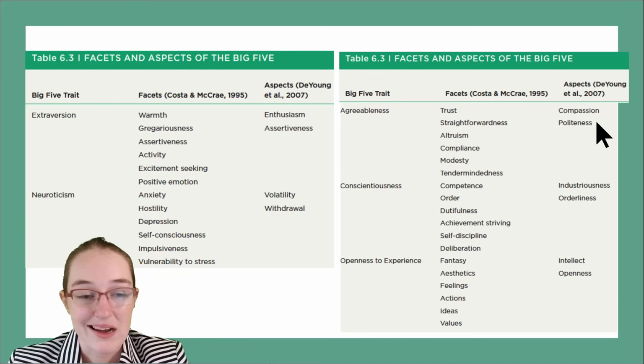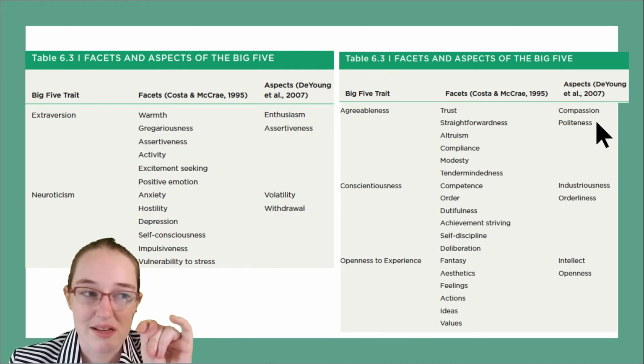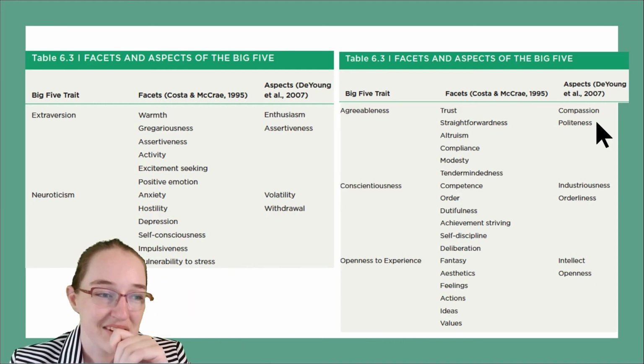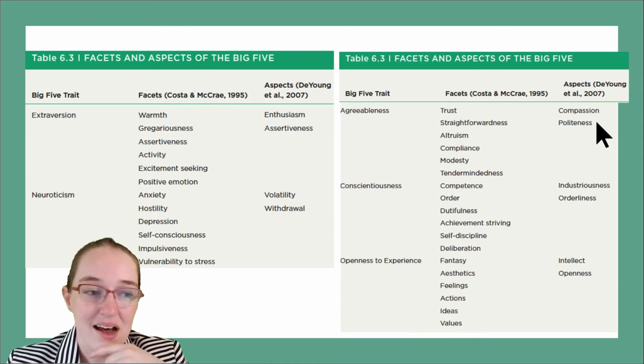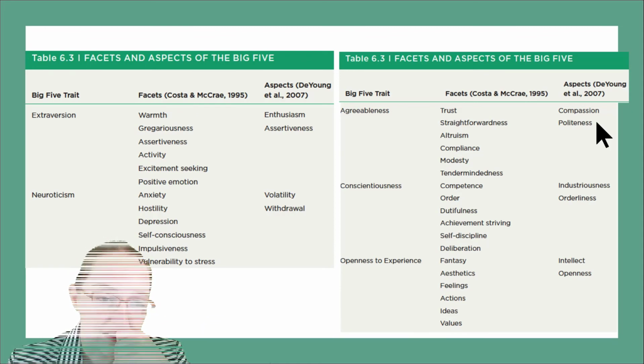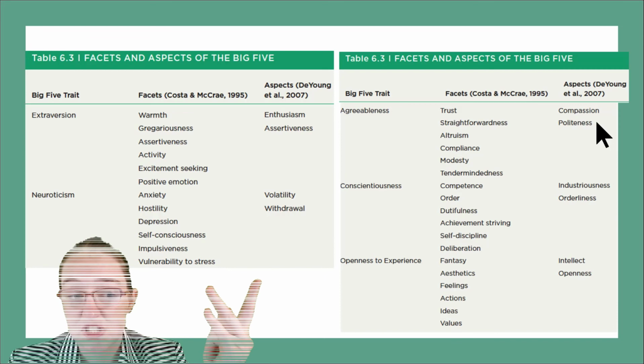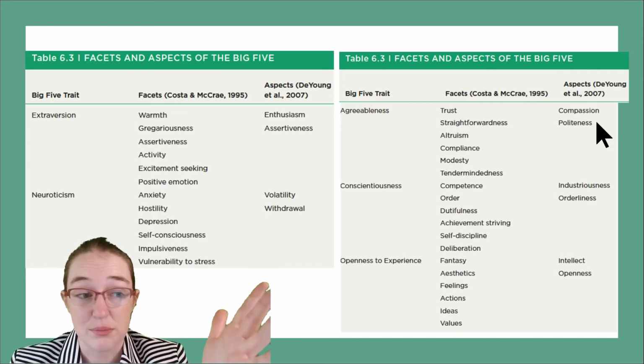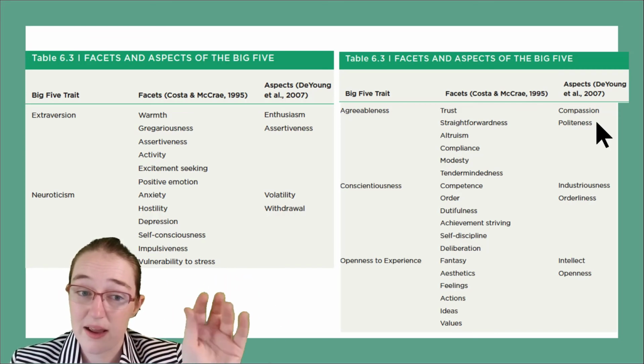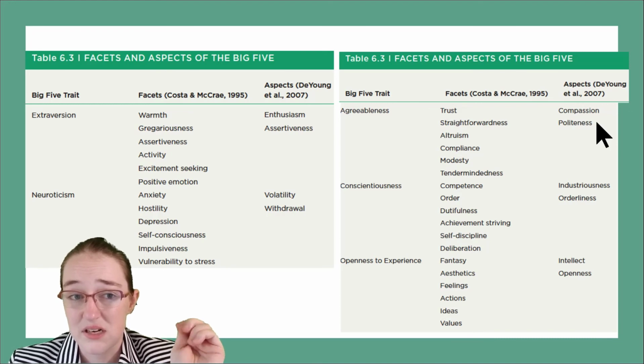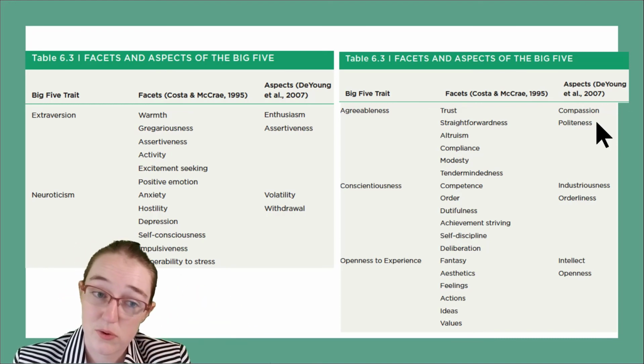Conscientiousness, again, I'm high on one, low on the other, which is always fascinating. So competence, order, dutifulness, achievement striving, self-discipline, and deliberation under Costa and McCrae. And Colin breaks them down as industriousness and orderliness.